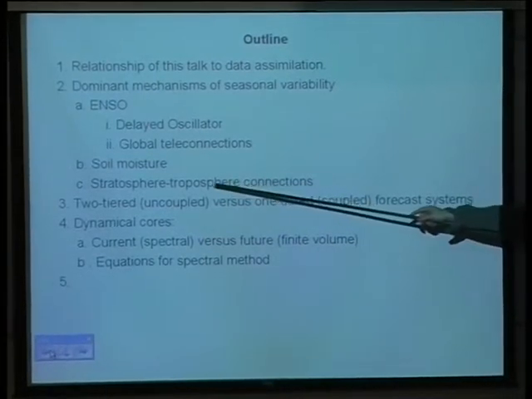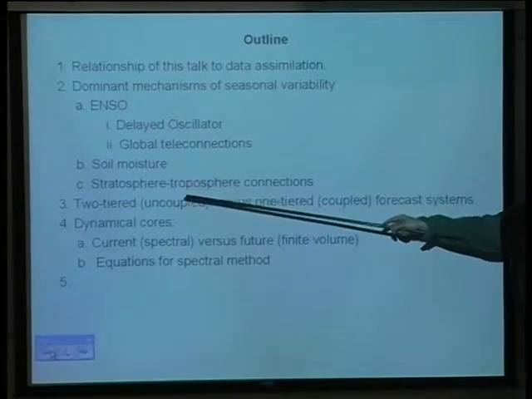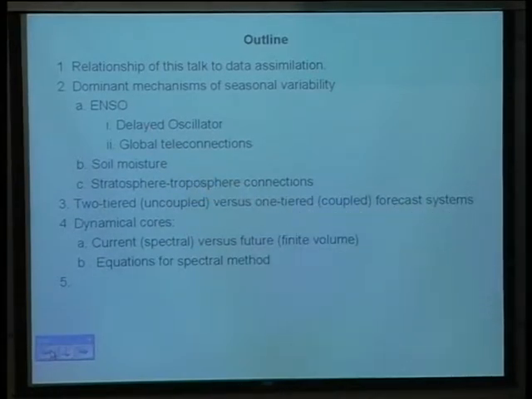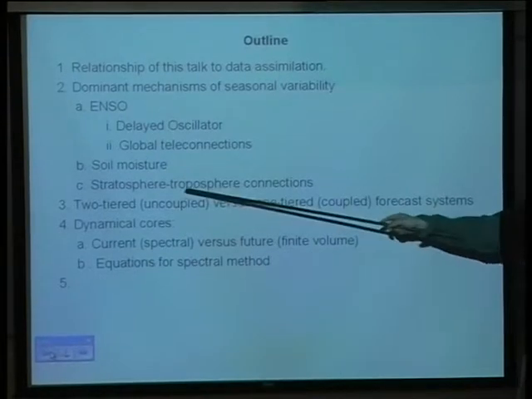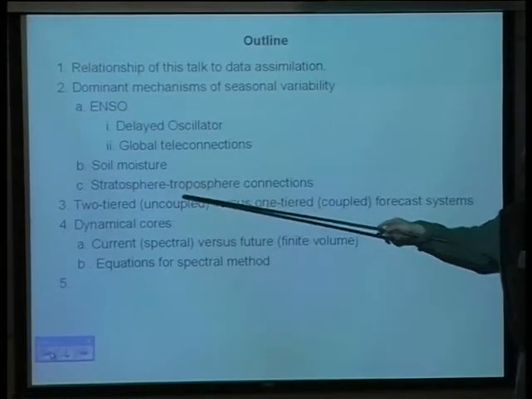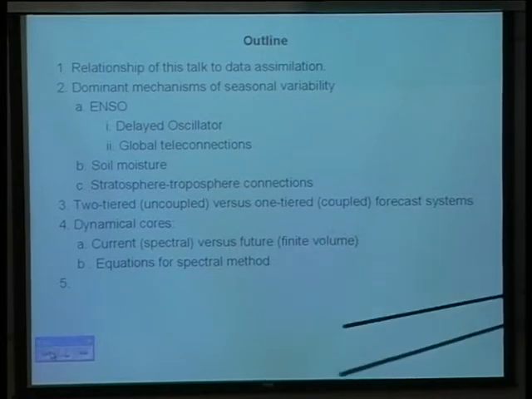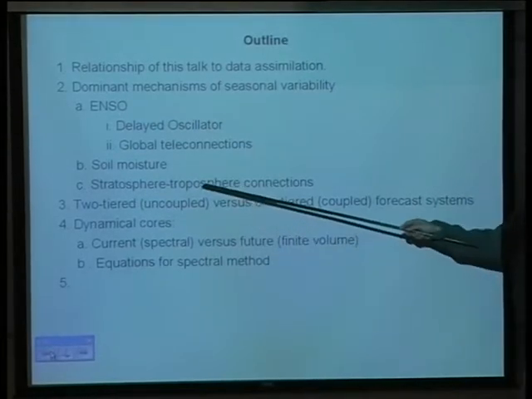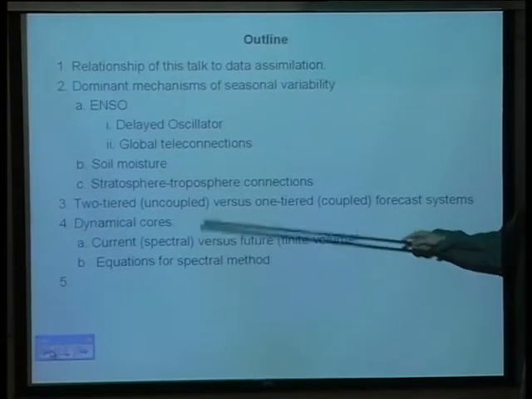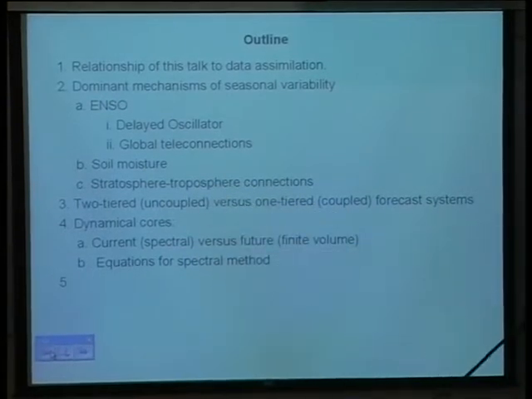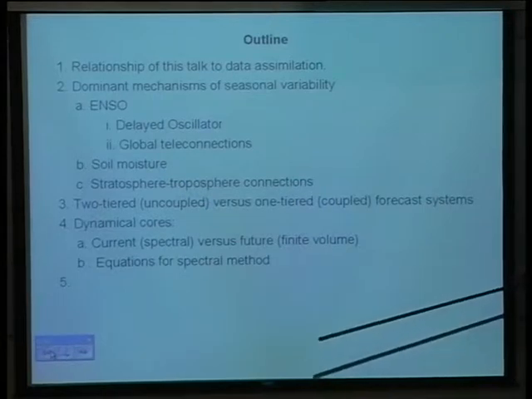When I was a graduate student and decades before that, if you said that the stratosphere had a significant impact on the troposphere, people would have said that you were crazy. But what people have shown is that actually under certain conditions of the basic state being the mean wind field, you can actually get downward propagating anomalies that last for a long time in the high latitudes. These are associated with things like the Arctic oscillation, if you've ever heard about that.